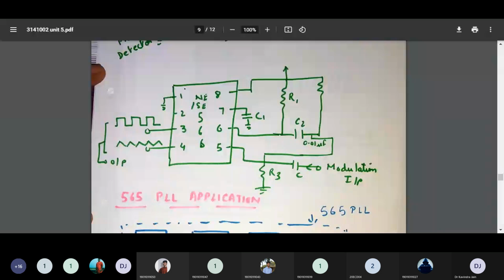In the PLL application, we are using IC number 565, and for this I have drawn the block diagram. In this block diagram, I have shared the numbers 1, 2, 3, 4, 5.